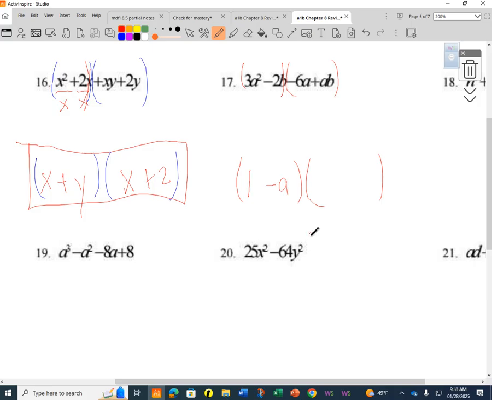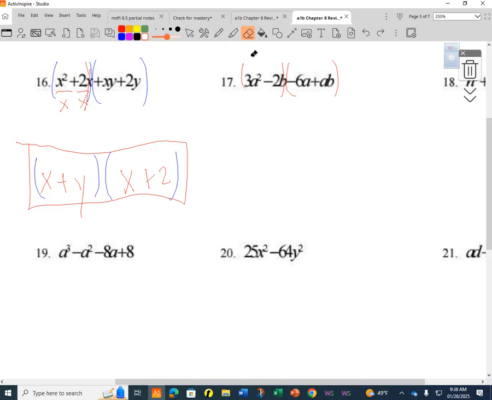Ooh, wait. So this is one that we may need to rearrange. Yeah, let's rearrange. If we rearrange, that's not going to work that way. Let's rearrange our terms. Normally we would put them in standard form, but you might have to rearrange them.